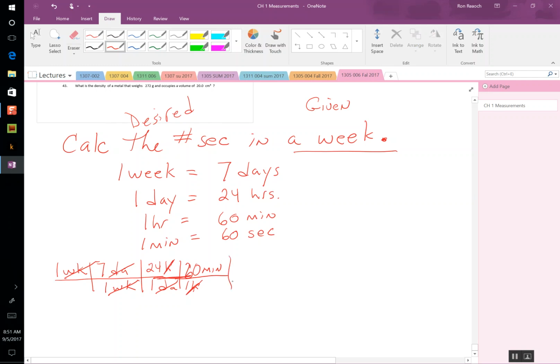My conversion factor can be used any way I want to use it. I can put minutes in the numerator or minutes in the denominator. It's the problem that tells me where to put it. I want hours to be converted into minutes, so I need to put hours down in the denominator so it will cross out here.